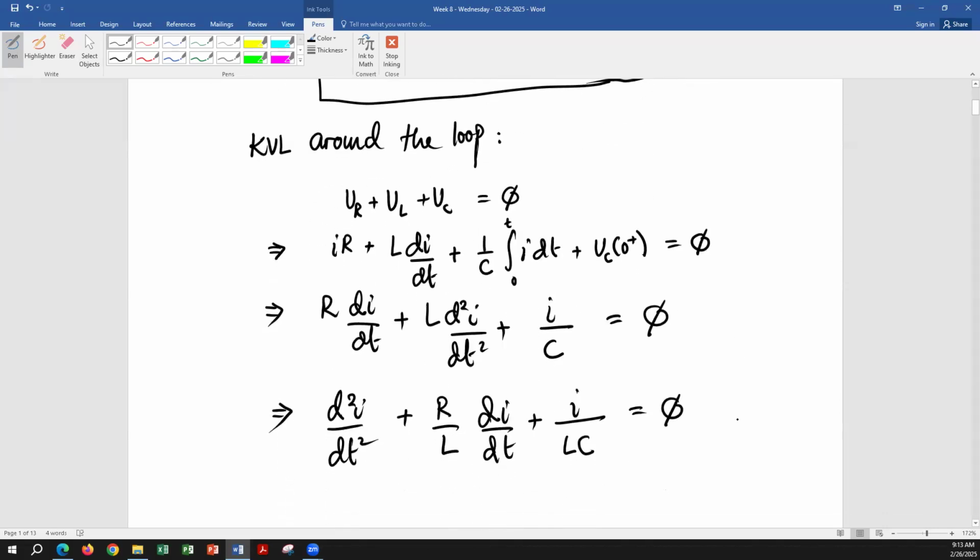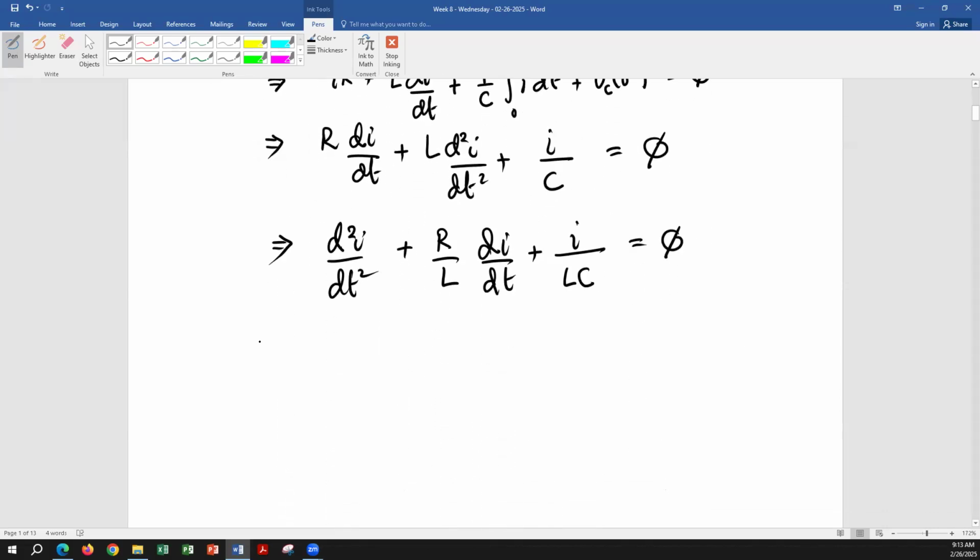So we will assume the same thing. We're going to assume that i(t), which is iL(t), can be given by A e to the power st. It's an exponential function.